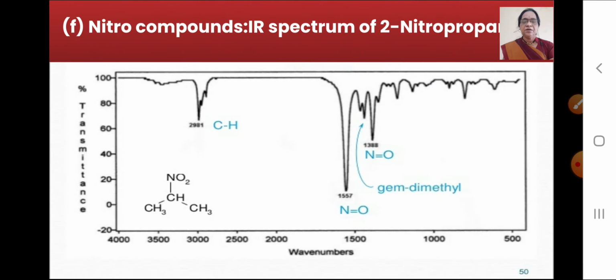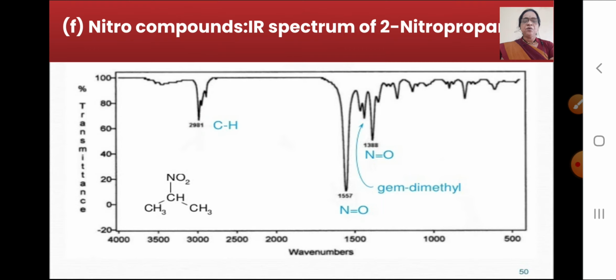Next, we turn to the IR spectrum of nitro compounds. Let us see some information about it. The nitro group gives two strong bands in the IR spectrum.